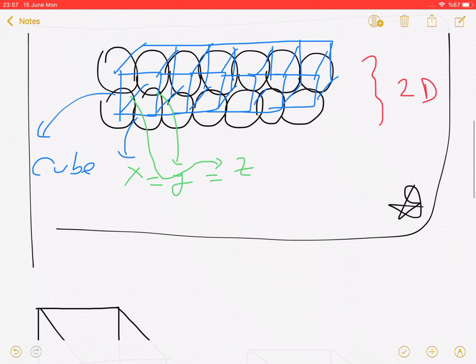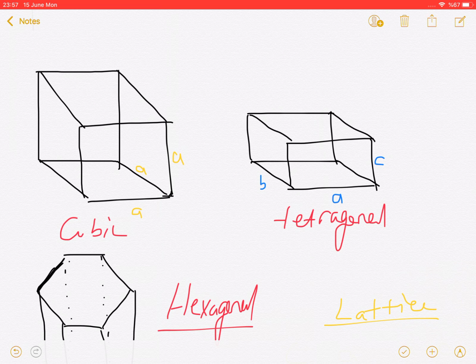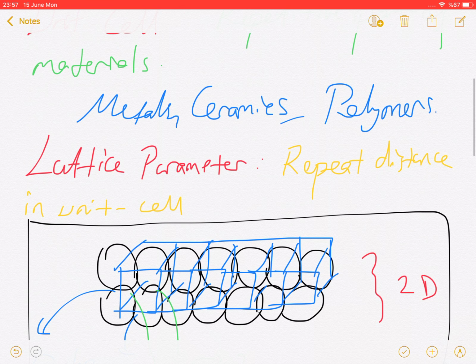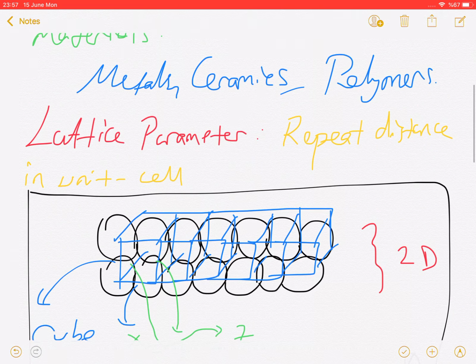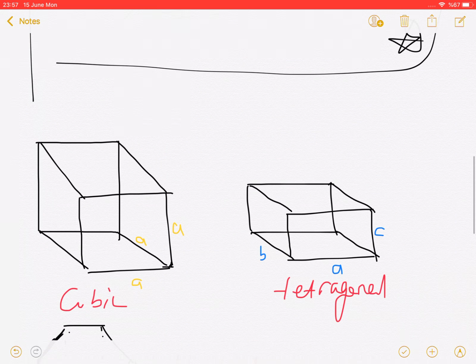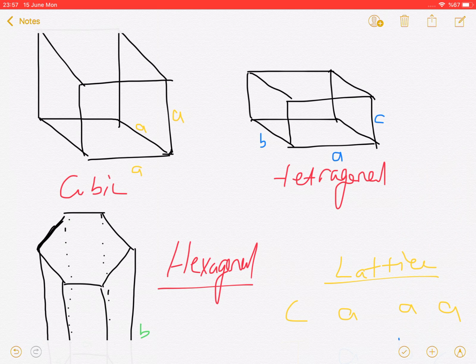Okay. And we have three different geometric shapes: cubic, tetragonal, hexagonal. That's the main ones; we have many of them. And the lattice parameter is the repeat distance in the unit cell. It's just the length of each edge of this geometric structure.